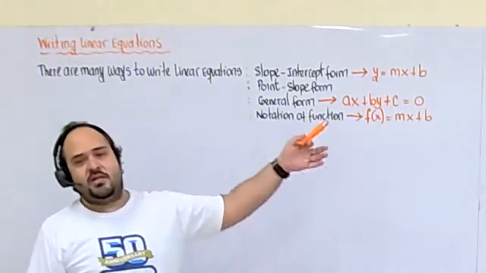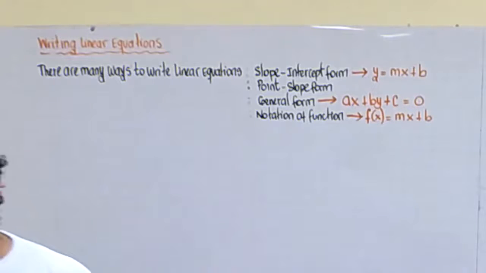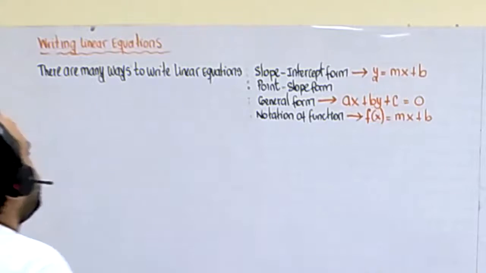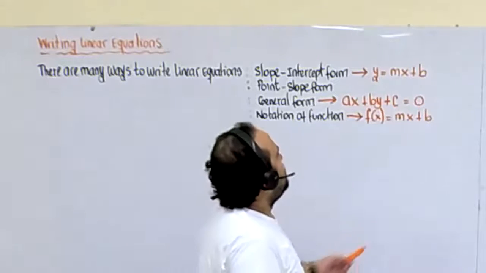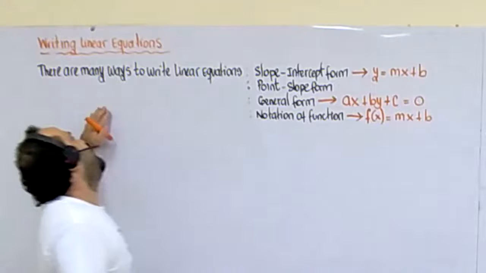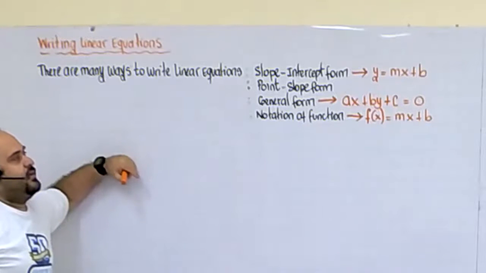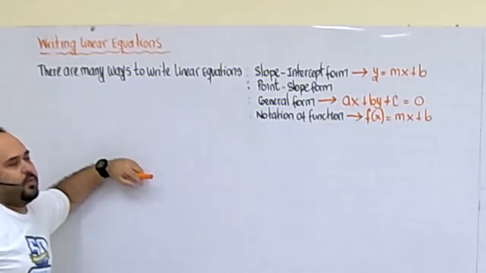Obviously, it could be positive or negative values, but basically the main idea is that we have two terms with their variables x and y, and the last one will be a number without a variable, okay? Now you know the three ways of writing linear equations. But how about the point-slope form?